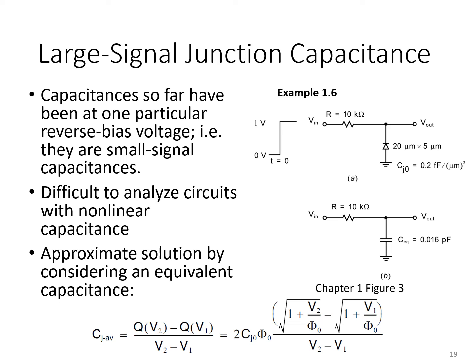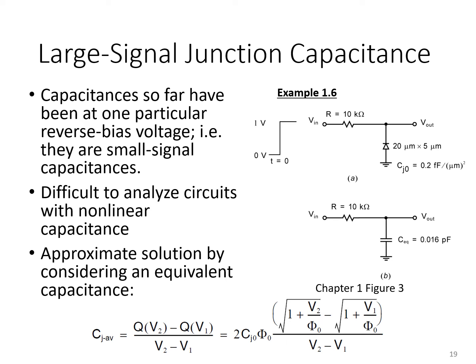Here's a nice technique. Because of that, what you end up with for all those capacitances are nonlinear capacitances. That is, if you have a capacitor whose value effectively depends on the voltage applied across it. So, as always with small signal modeling, we can just calculate the value of capacitance at one particular operating point, that is for one particular reverse bias voltage, and use that value to do some analysis.